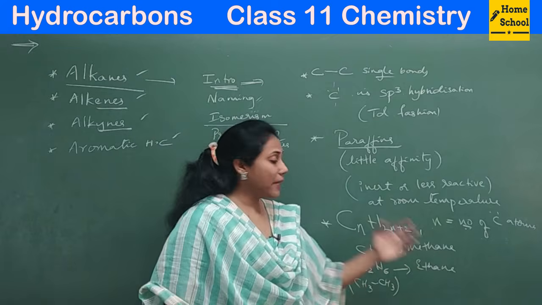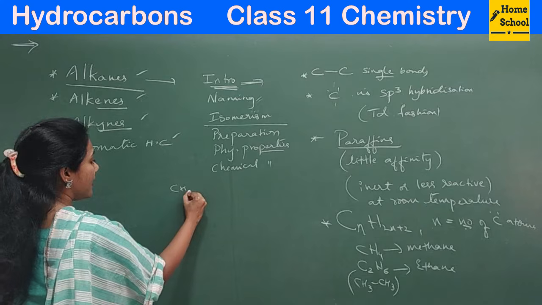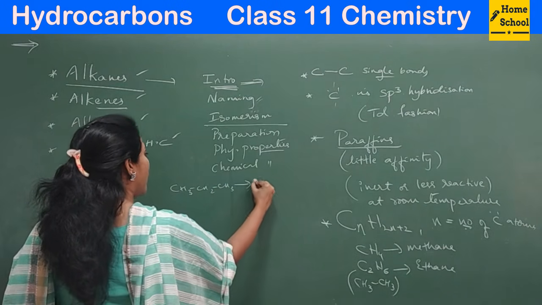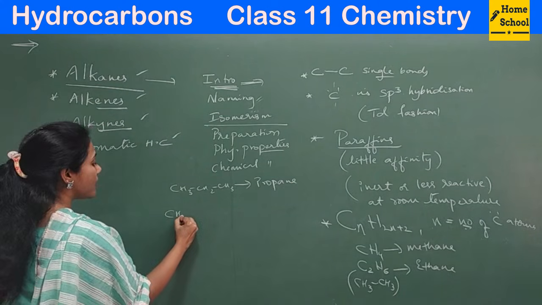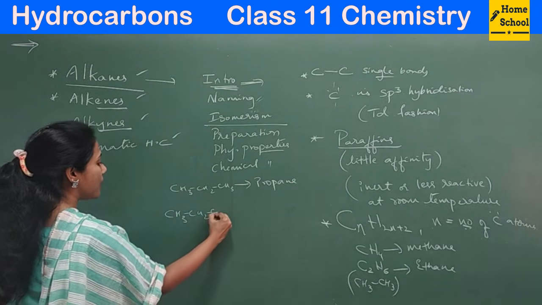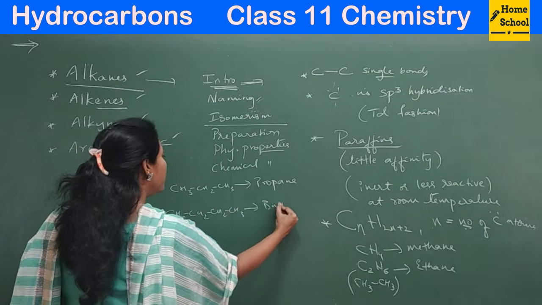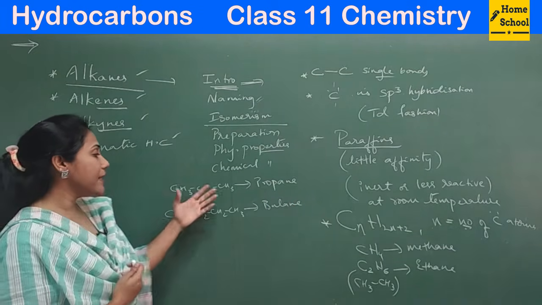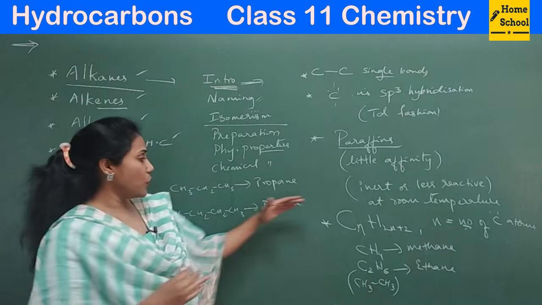So we call its name ethane. Now the next member is CH3, CH2, CH3, isn't it? This is called propane, right? Like that it continues. CH3, CH2, CH2, CH3 is called butane, right?